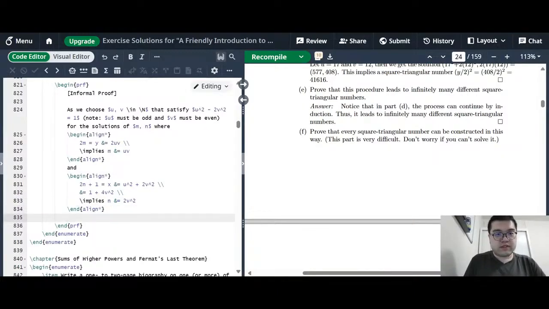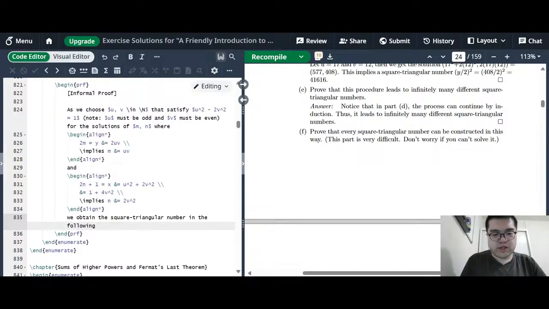Then let's see where this is. As we choose for where this is, we obtain the square triangular number in the following ways.